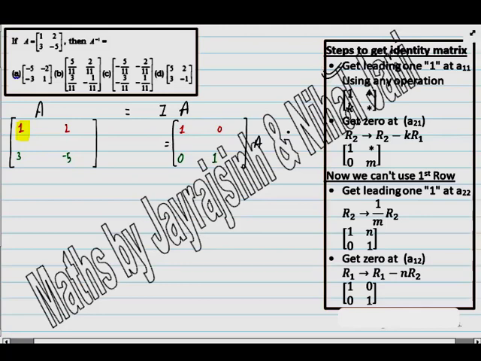So our first step is completed and we get the value of K, which is 3, right? Okay. Now let's move to the second step, in which preferable operation is R2 gives R2 minus K, or we can say 3R1, right?